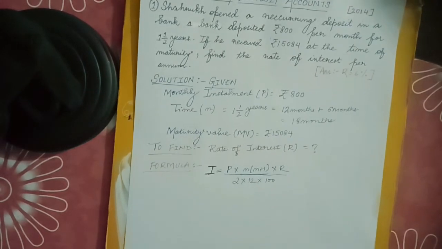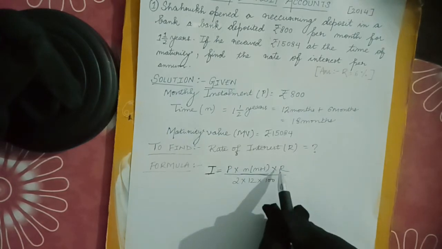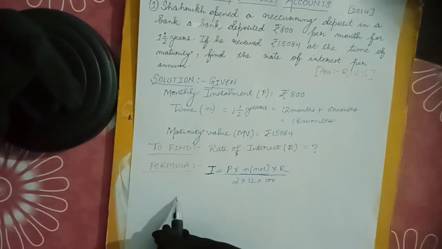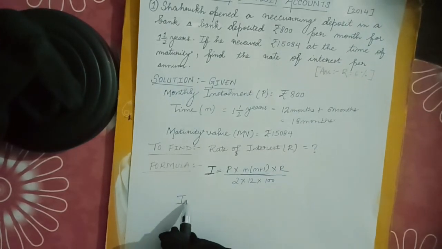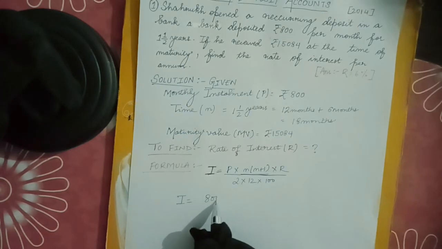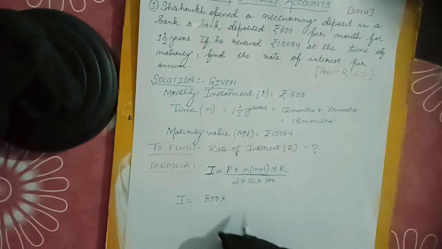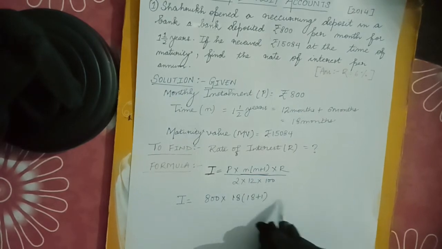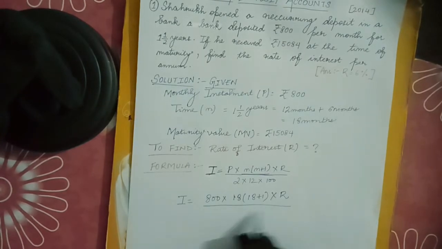Since the rate is not given, we will just leave it as it is. P is rupees 800, N is 18 months, so 18 plus 1, because N plus 1, into R, which we don't know, by 2 into 12 into 100.